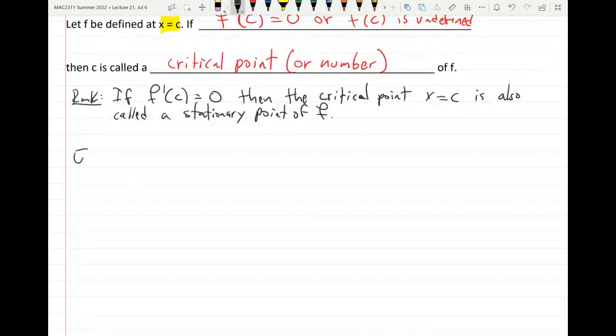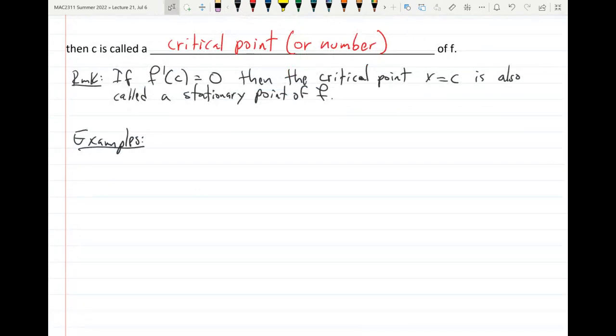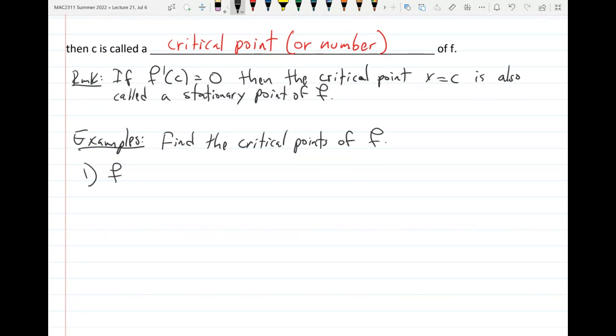All right, so examples. Find the critical points of f. And let's see, I'm going to write some functions here, and the idea here is that the algebra will be slightly different in each of these examples.